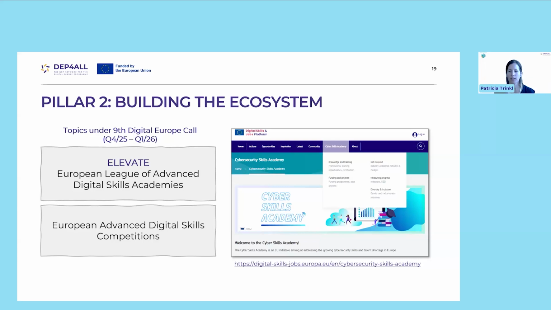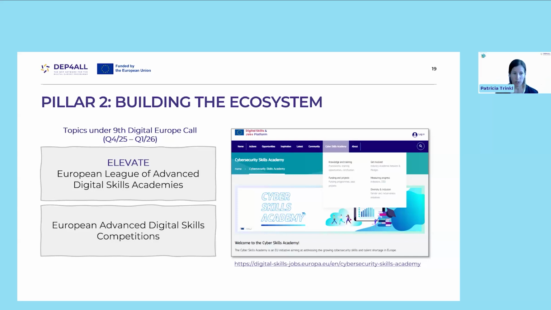Your academy, if you are going to apply, is already expected to coordinate with this action and pilot and implement the seal of quality accreditation of excellence for all the training models it offers. The topic is a coordination support action, so it's 100% EU funding, and there are 8 million euros available, and it will run for 48 months. So it has a similar project duration as the skills academies.